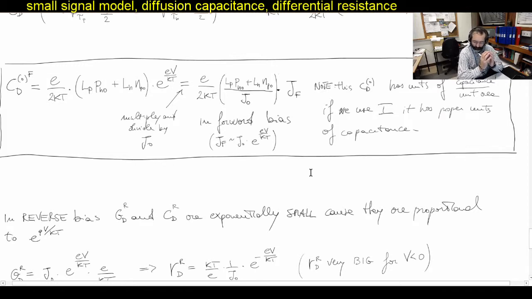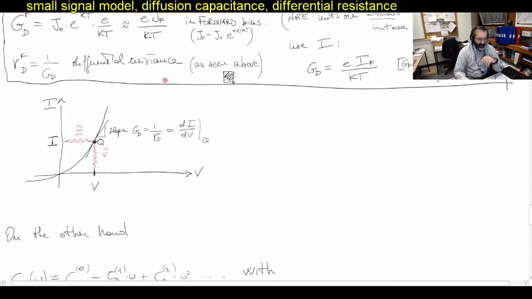And you can tune it simply by changing the DC voltage V at which you are biasing the PN junction, which, remember, on the curve is this point here. By moving this voltage V up and down, you are enormously changing the diffusion capacitance, and this has enormous importance.